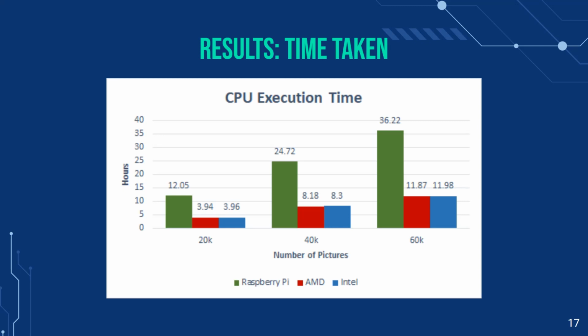For the 40K, again, we can see that our Raspberry Pi took the most time executing these processes, while again, our AMD and Intel are on par with each other around the 8-hour mark. And finally, for our 60K, the Raspberry Pi took a whopping 36 hours, while again, our AMD and Intel are on par with each other, taking around 11, almost 12 hours to execute.